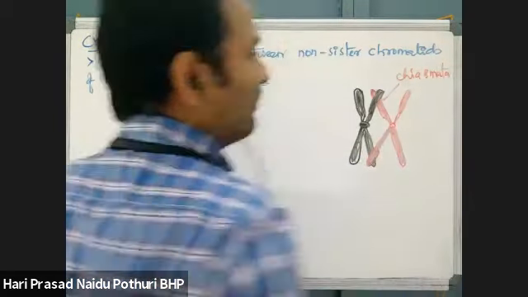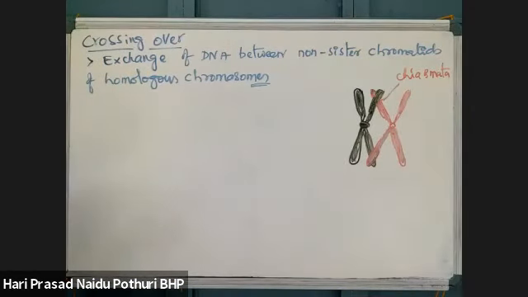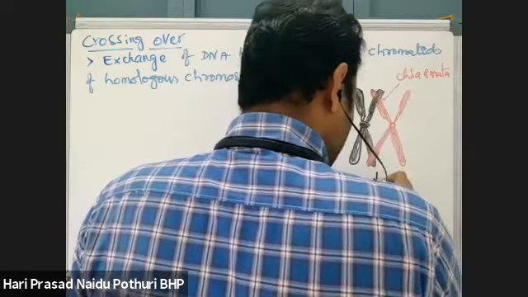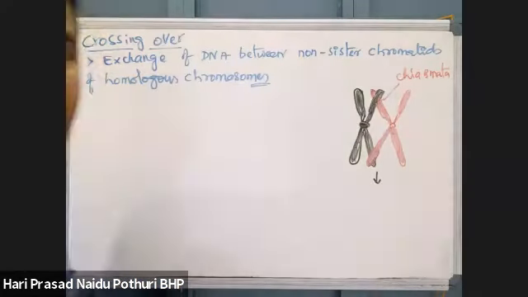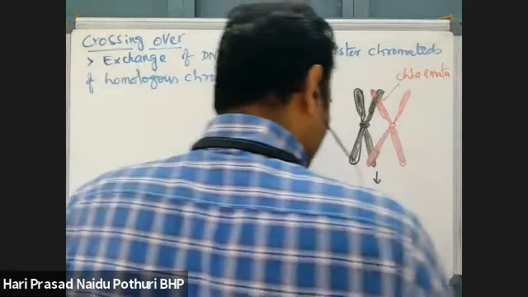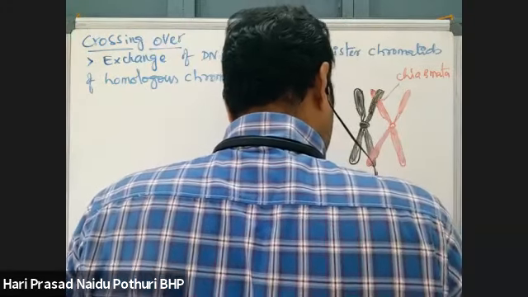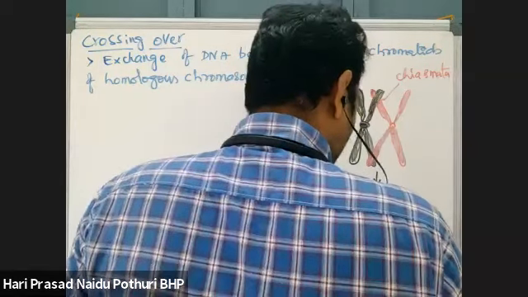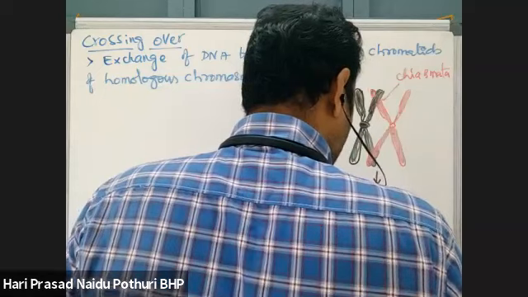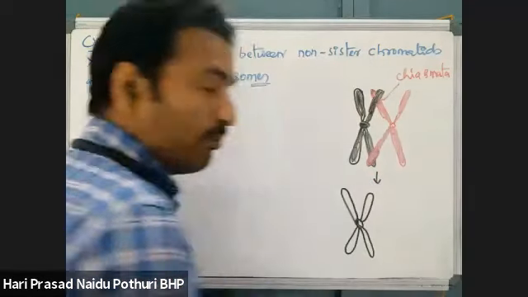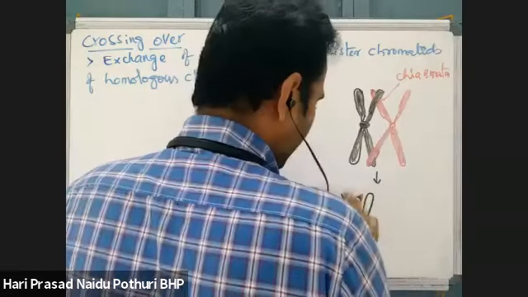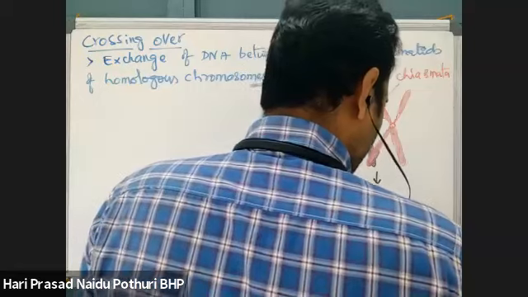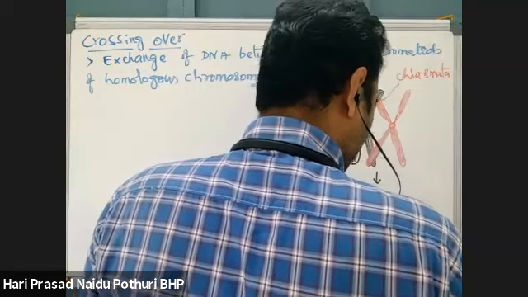Chiasmata are forming, and there is exchange of DNA. That exchange of DNA results in formation of recombinants, with the help of an enzyme called recombinase. Recombinants are possible during pachytene, an enzymatic process carried out by recombinase. Just a second, I will show how recombination takes place after the chromosomes get separated.